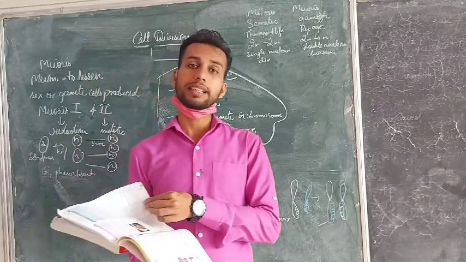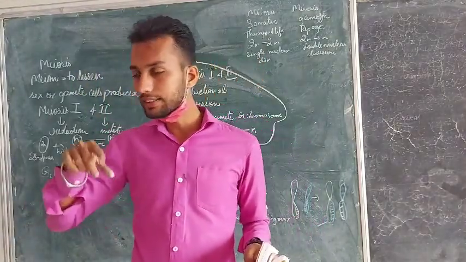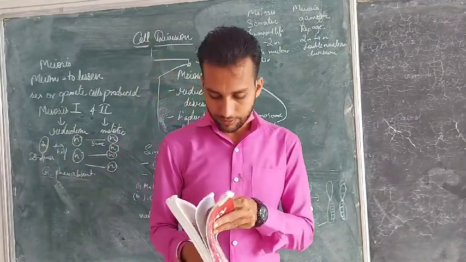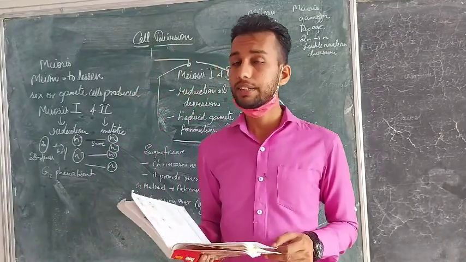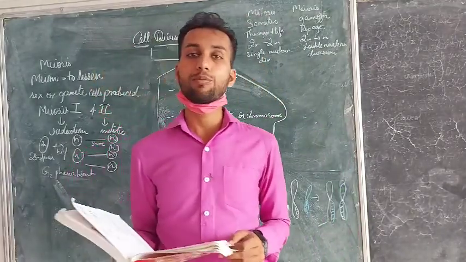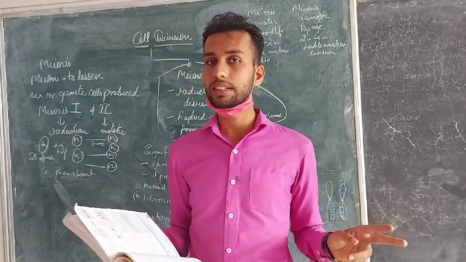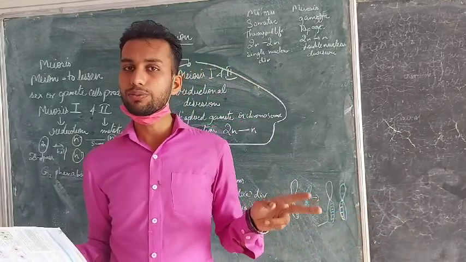Then we studied the cell cycle, a cycle in which consecutive steps are involved. We studied the interphase with G1, S and G2 phases, and then the mitotic phase, also called the M phase, where karyokinesis and cytokinesis occur. Karyokinesis means division of the nucleus and cytokinesis means division of the cytoplasm.